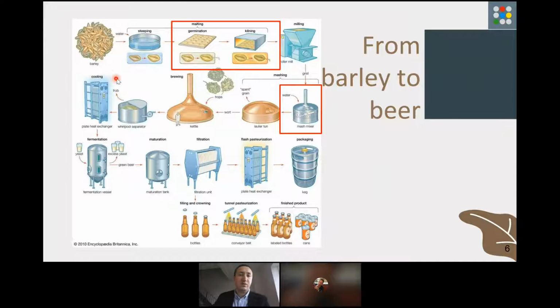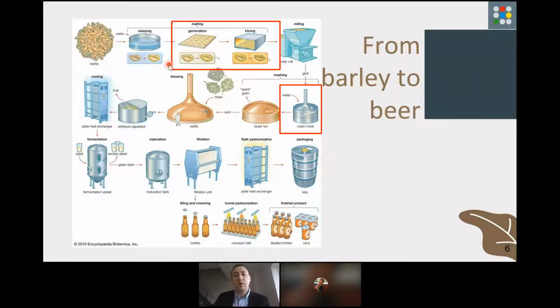First, you have what you would call a malting process, in which the grain, in this case barley grain, germinates in order to allow the enzymes present in the barley to be active. This activation of the enzymes is the secret of starch conversion into sugars during the beer brewing.